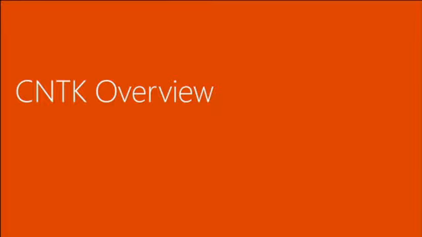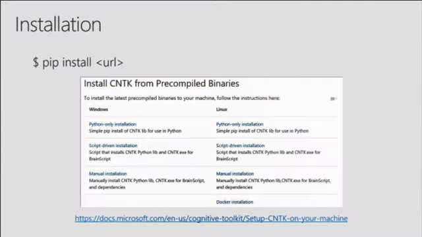So next, let me give you an overview of what CNTK is. And before that, I'll tell you a bit about the current CNTK, how you install it, etc. So installation for CNTK is very simple. What you need to do is just do a pip install with a URL, which is going to be a wheel file.